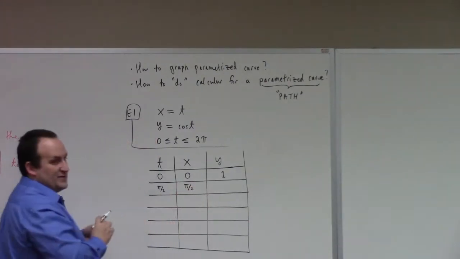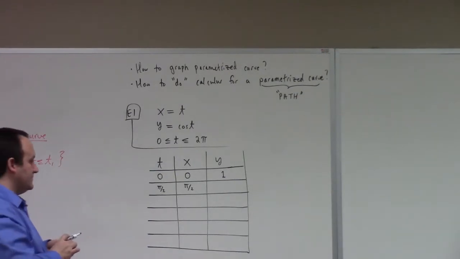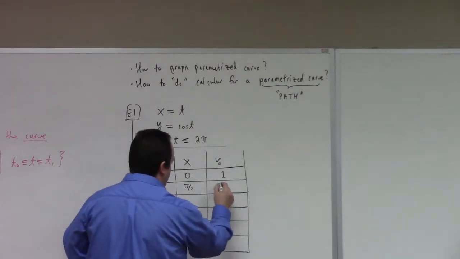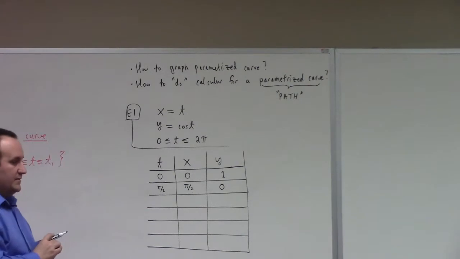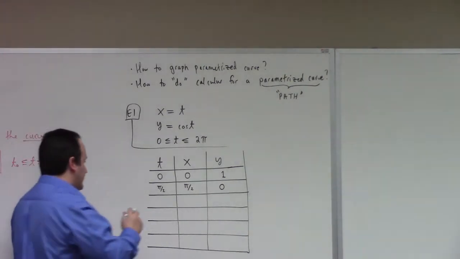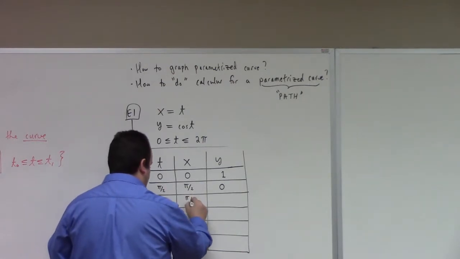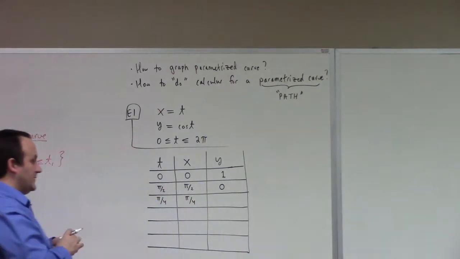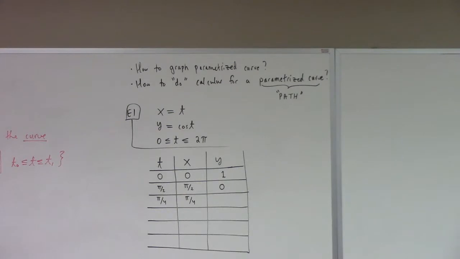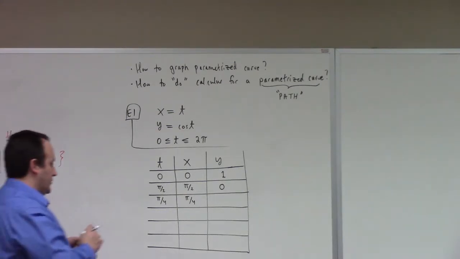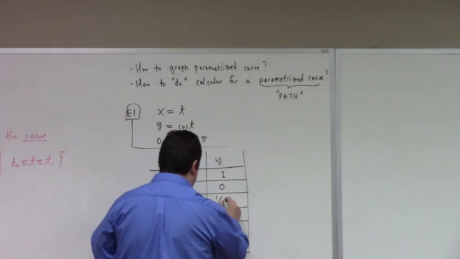Okay. What's cosine? 0, right? Feeling guilty about not doing pi over 4, I'm going to throw that in now. Not the best organization, but here it is. Pi over 4. What's cosine of pi over 4? Yeah, 1 over root 2. I'll take that.